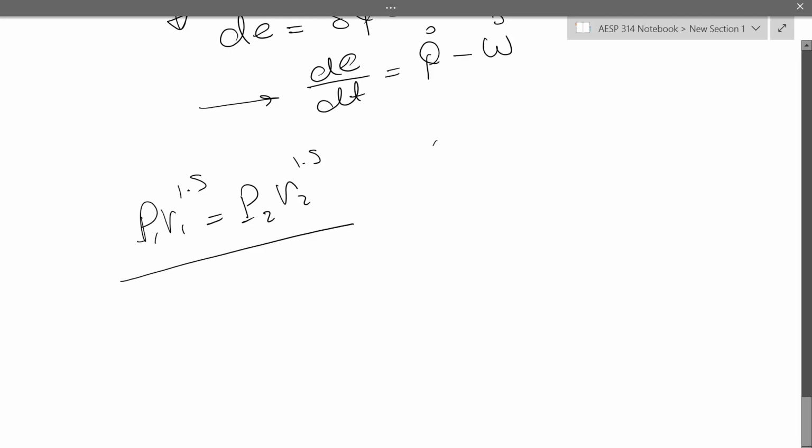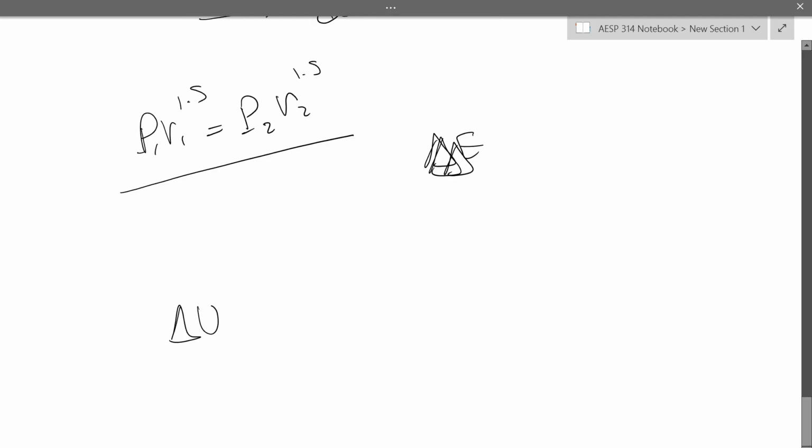So we have delta E, or in this case, delta U, because the other parts of internal energy, the potential energy and all of those parts, are 0. So delta U is equal to delta E, which is equal to Q minus W, right?